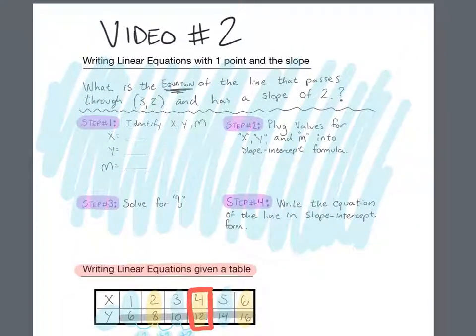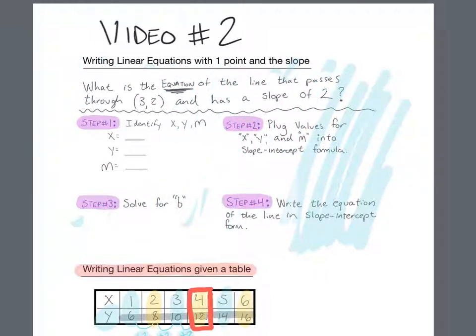So now we're going to follow these steps just like we did last time, but instead of having an M and a point of 3, 2, we are going to have a point of 4, 12, and we're going to have a slope still of 2.